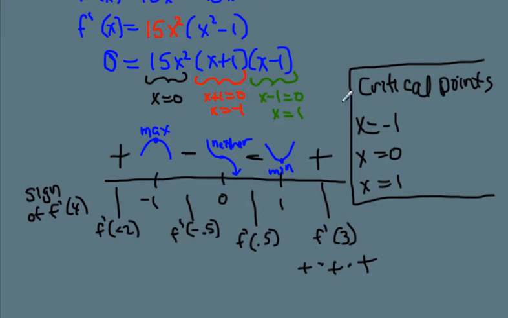Now we classify what type they are. At negative 1, it is a local max. At 0, it's neither. And at 1, it is a local min.